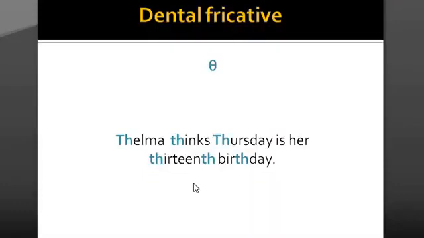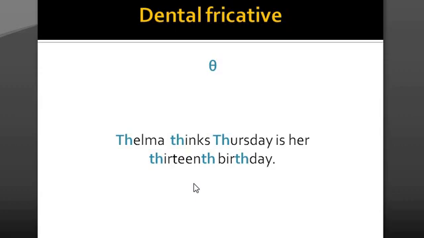Okay. Repeat after me. Thelma thinks Thursday 13th birthday. Okay, can you put it together?